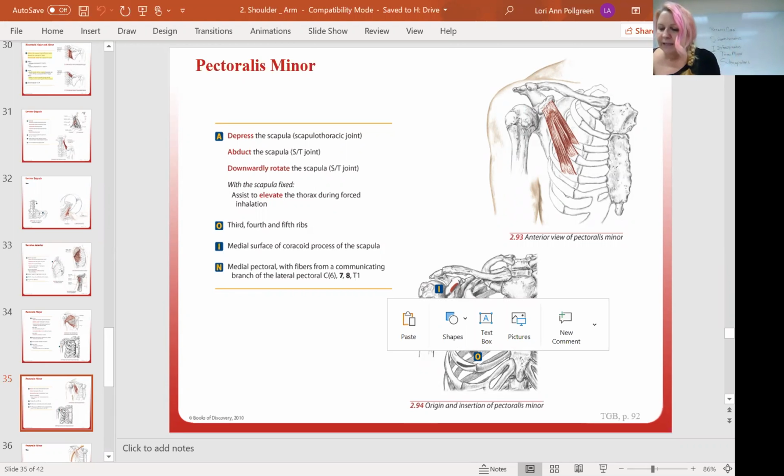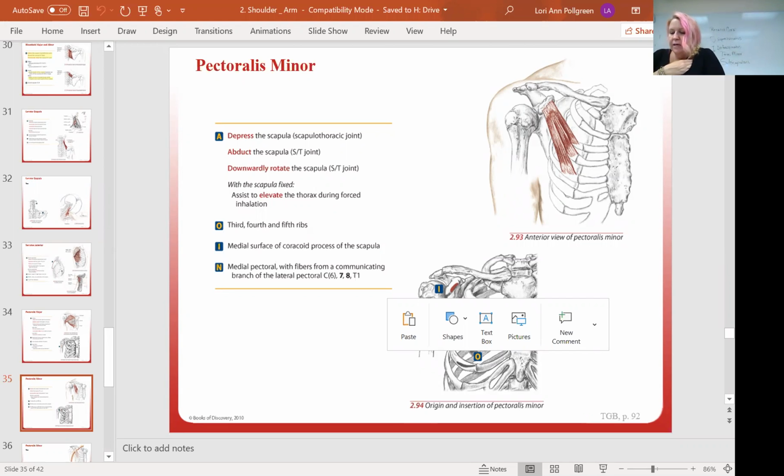I want you to highlight that its actions depress the scapula because it is attached to that coracoid process. Even there on the front, remember that coracoid process comes from the back and comes in under the clavicle, and we can palpate it from the front, the anterior side of the body.